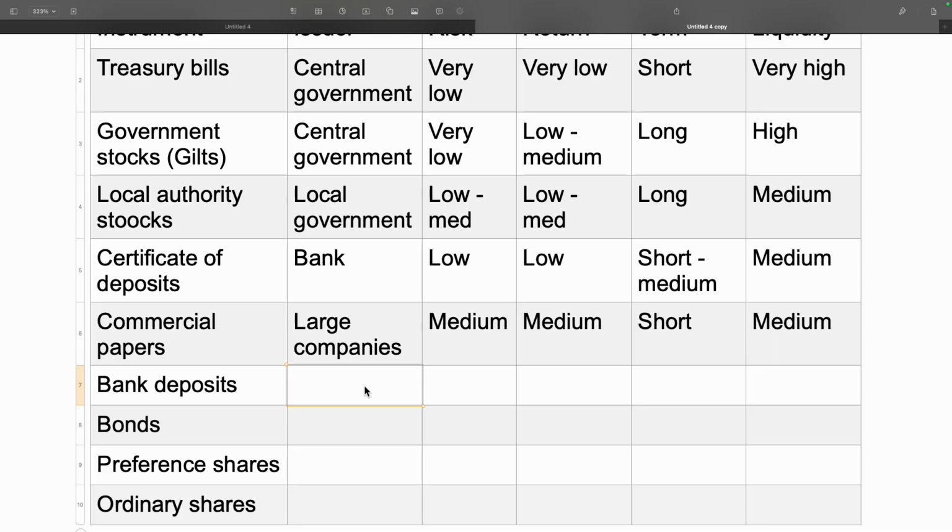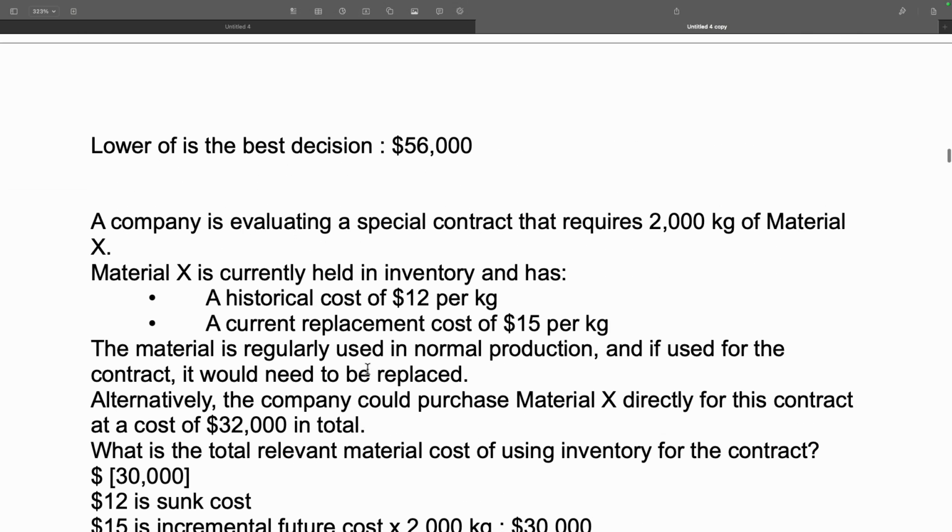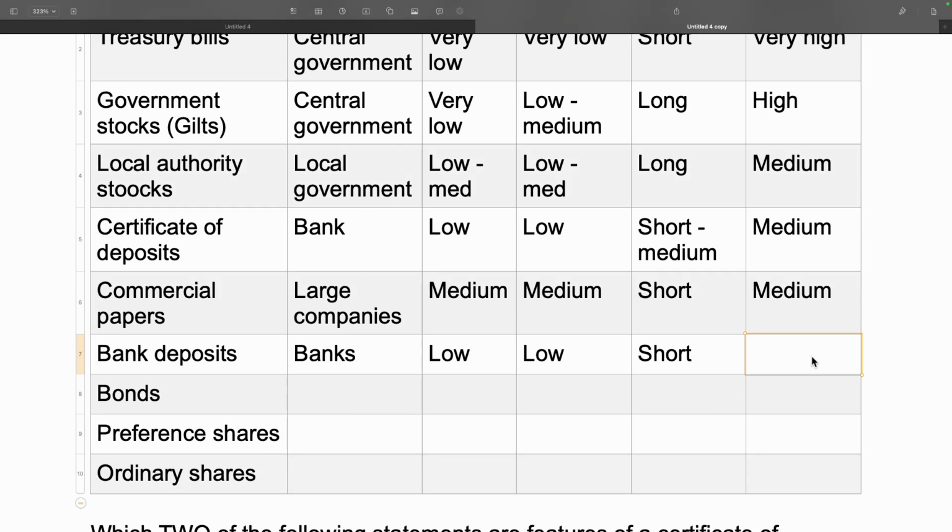Then you need to know about bank deposit. Remember, this table is quite important for you to fill up and remember, because exam questions tend to test you on the spot. This one, bank deposit, given by banks. It's going to be low. Next, you have something called company bonds.